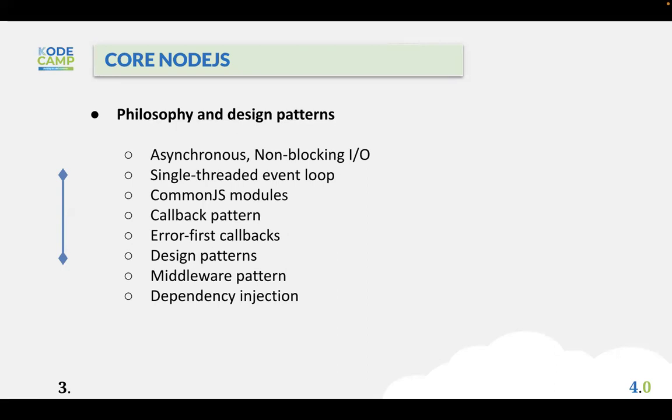Under the creational patterns, we have the factory pattern and the singleton pattern. The factory pattern centralizes object creation logic, allowing you to choose the right type of object to create based on specific criteria. And the next is the singleton pattern.